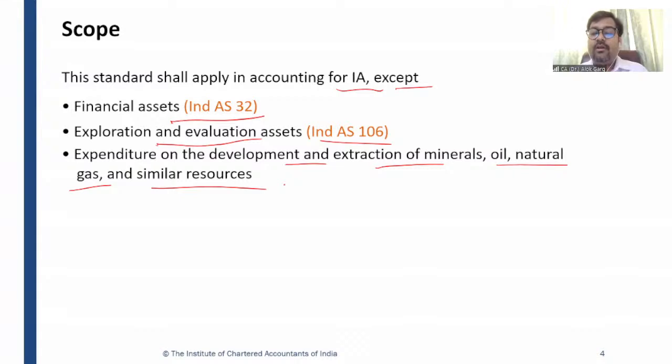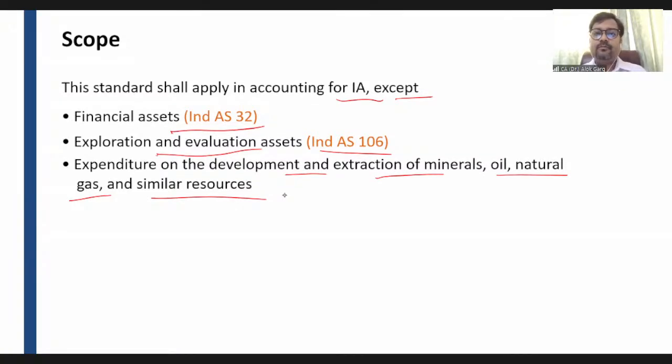And expenditure on the development and extraction of minerals, oil, natural gas, and similar resources is also not covered under this standard because it is covered under Ind AS 106. Have you got it? Have you got this? So when I got a right, this right is covered under Ind AS 38, but the activity is not covered under Ind AS 38.